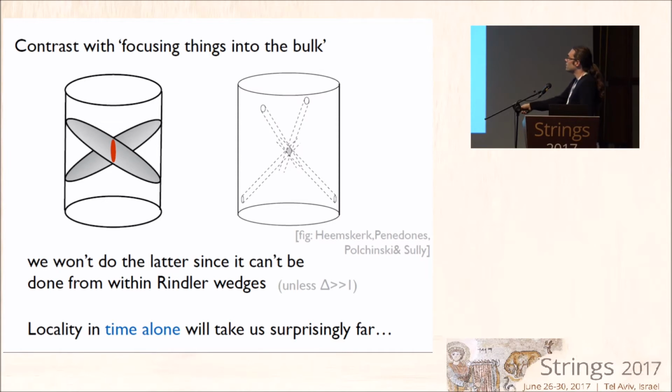But perhaps surprisingly, just imposing locality in time, so in this picture on the left, will take us surprisingly far and imply a lot of the bulk locality constraints. I don't know how surprising it is, because in some sense we're also putting in Lorentz invariance. But I find it surprising how far we can go, which is this picture.